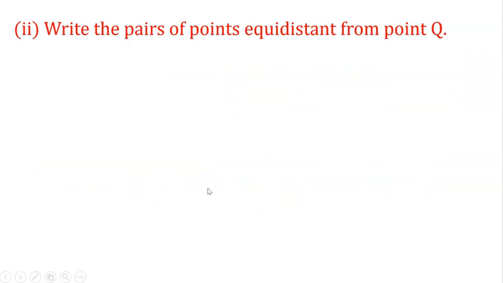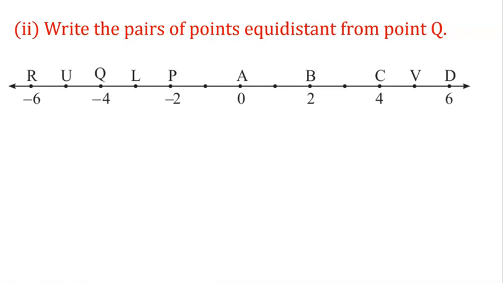Next question. Write the pairs of points equidistant from point Q. Now see here. The point L is equidistant, at a distance of 1 unit.